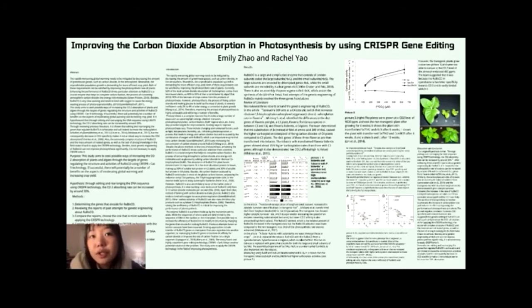So we reviewed 3 scientific articles on the genetic engineering of rubisco. It is shown in the first article that the carboxylation rate of tobacco can be increased by around 35% with transformed RBCL genes from Flaveria bidentis. Similarly, the second article talked about transgenic rice with the RBCS gene from sorghum that demonstrated high catalytic turnover.